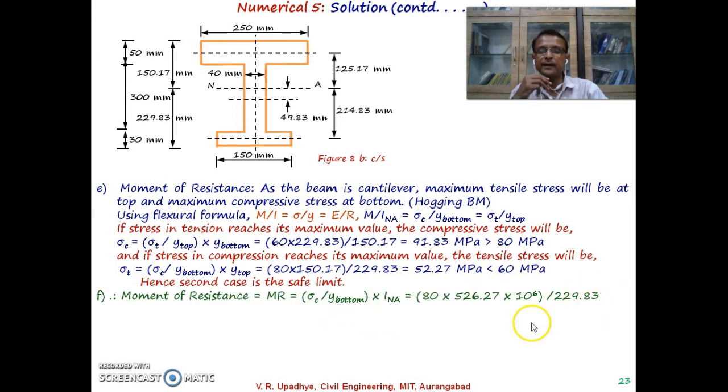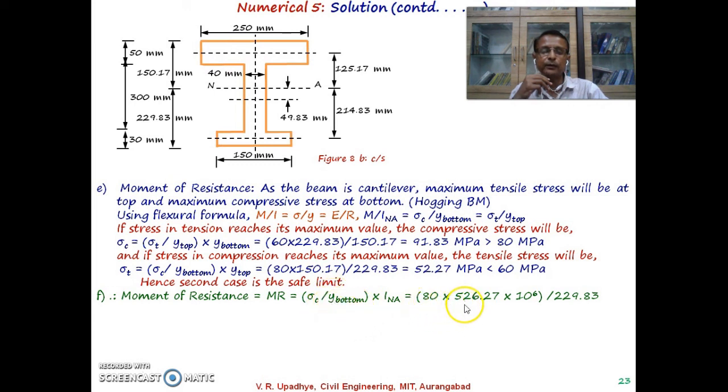So we can now calculate the moment of resistance of the section by considering the permissible stress of compression, because at that time tensile stress is lesser than its permissible value. So sigma C divided by Y bottom. The part considered, M by I is equal to sigma by Y. So moment of resistance is equal to sigma divided by Y into I. So now it is related to compression, so it is divided by Y bottom.